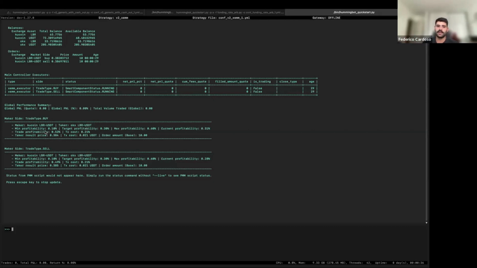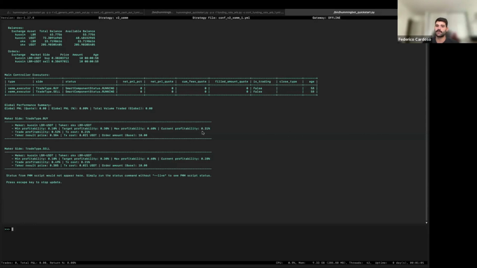The minimum profitability, the target profitability, and the maximum profitability are the ones that we define in the config, and the current profitability is 0.31%. And here we have the real trade profitability between KuCoin and OKX, if the order gets filled, which will be 0.52%, and the trade cost is 0.21%.